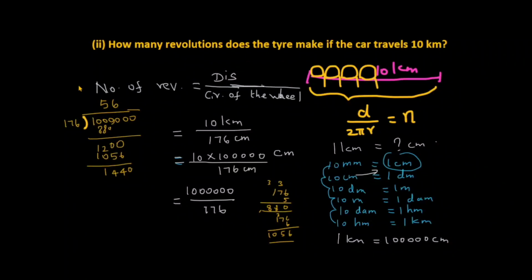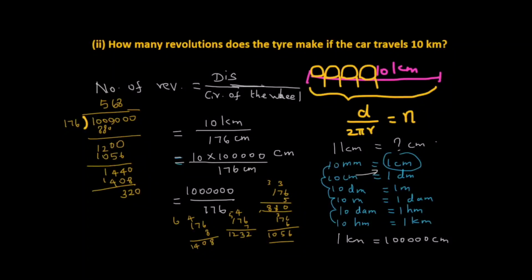So look at the next product. 176 into 7? 176 into 8? So 8 times, 1408. Remainder 32. Now take the next 0, 320.